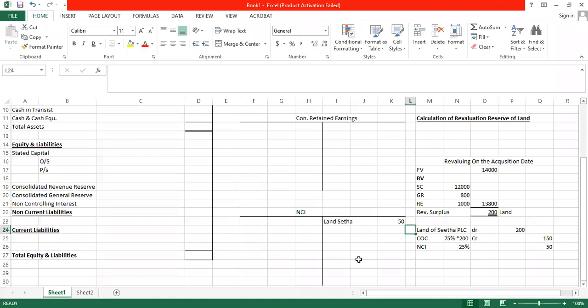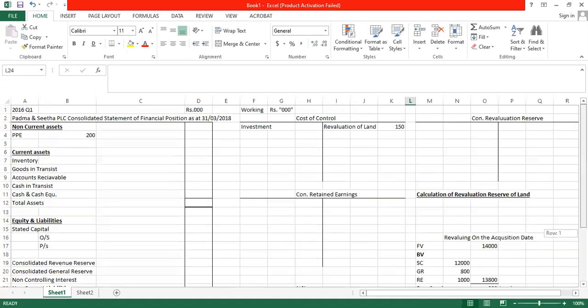Second, on the date of acquisition, actually we read already, the general reserves and retained earnings. These are the net assets. Now when you are preparing the cost of control, in order to find out the goodwill, you have to debit the investment value and credit all the net assets value. So revaluation is done. So under the net assets, again the equity part comes, right?